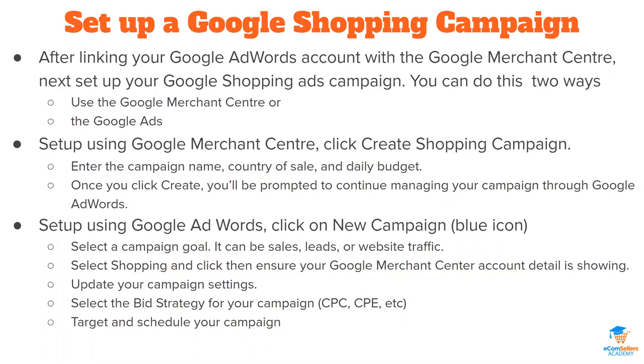So what are you willing to pay every time they click on it? CPM is cost per impression. So again, what are you willing to pay for people to see it on a regular basis? Cost per impression. There's a few others, but those are the big ones that you're going to see on there.